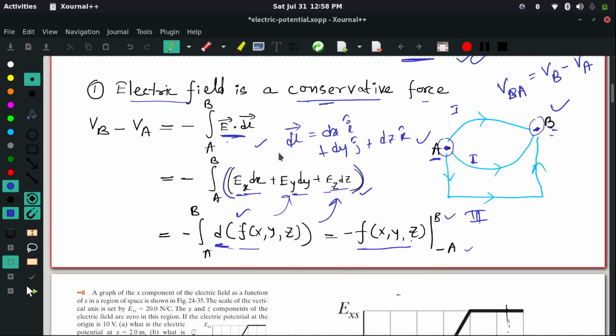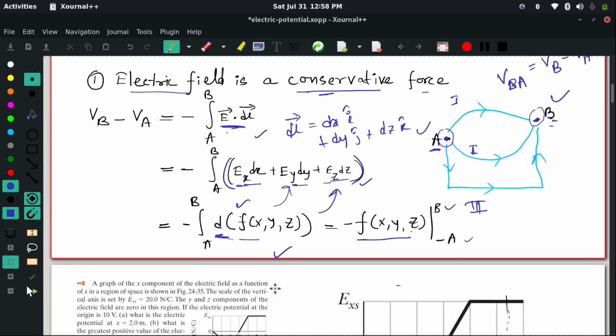So you see in this description, none of the information about the path along which we are going mattered. That is a very important thing. Probably people miss it at their first read, but try to remember: this potential difference never depends on the path of integration, whichever you choose.